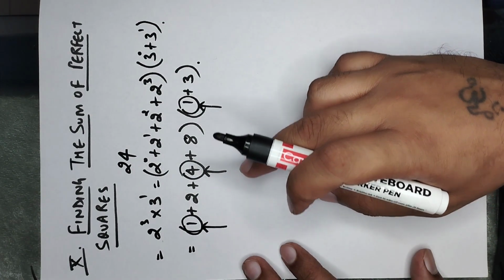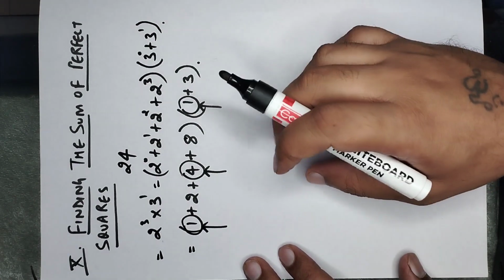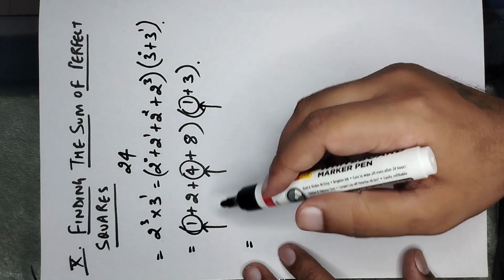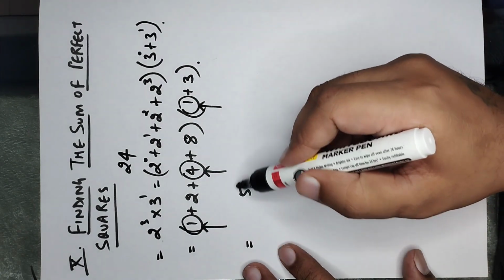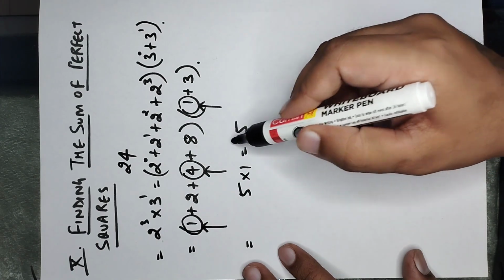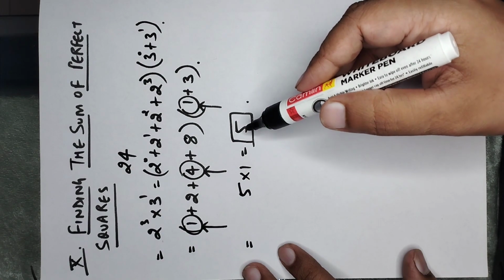So if I have to find the sum of all these factors that are perfect squares, I can say 4 plus 1 is 5, and this 1 is over there. So the sum of all the factors that are perfect squares is 5. How did we get this 5?